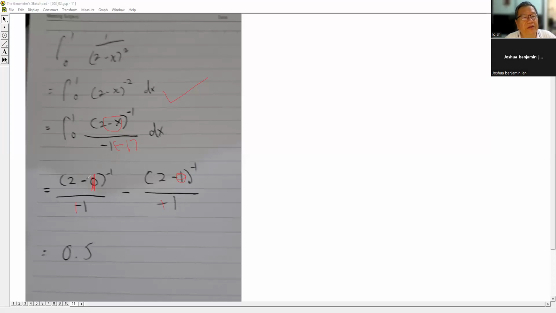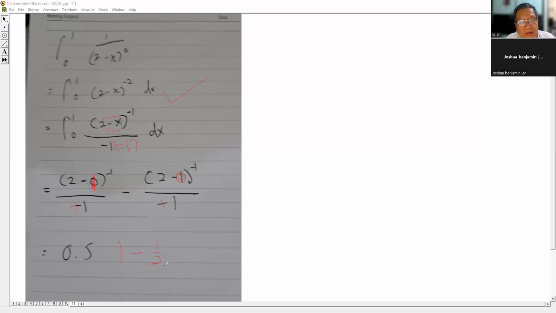Okay, so we have 2 minus 1 is 1. 1 to the power -1 is still 1. 1 divided by +1 is 1. Second bracket, 2 minus 0 is 2. 2 to the power -1 is 1 over 2.